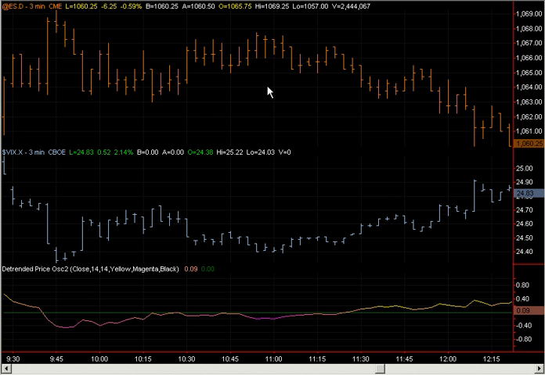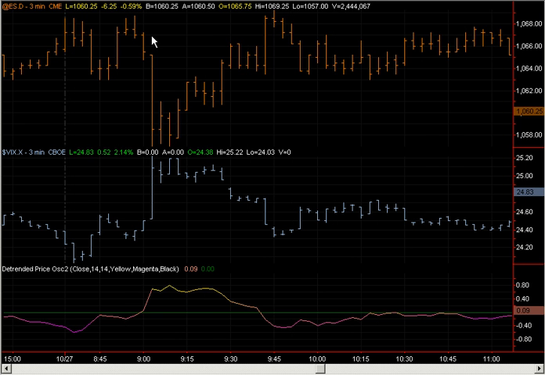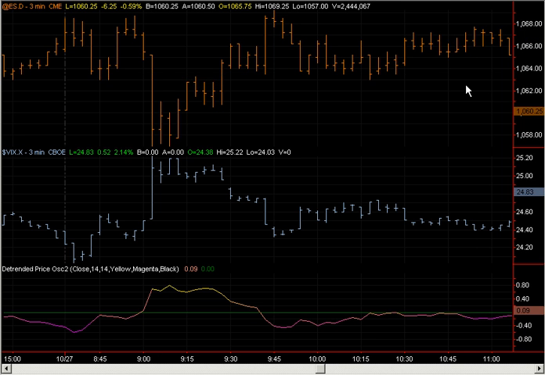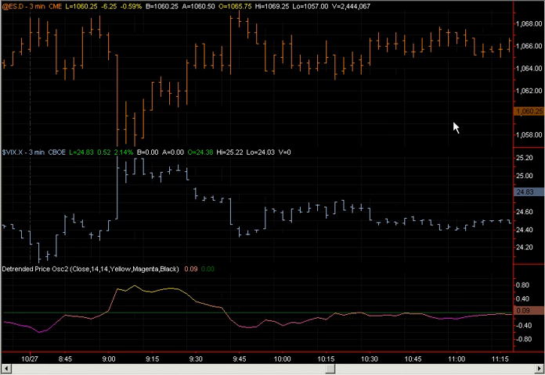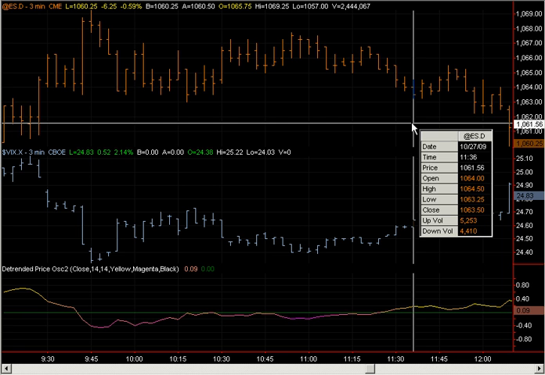So just keeping this in mind, notice what could have happened today just by having this knowledge. Shorting the market at about 1067 all the way down to 1057, up to 1067 again, and then dropping down to about 1063.25.